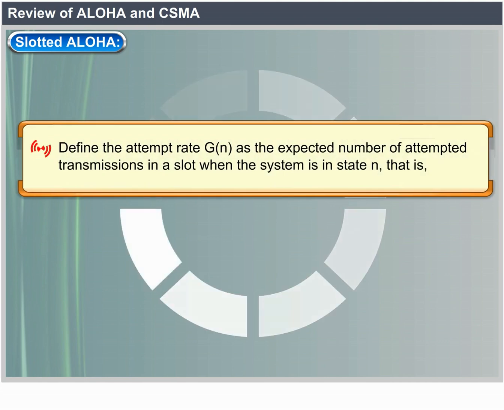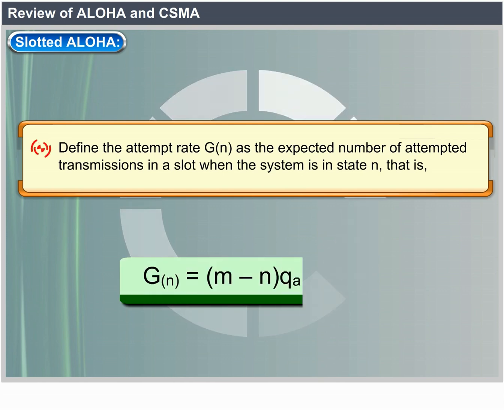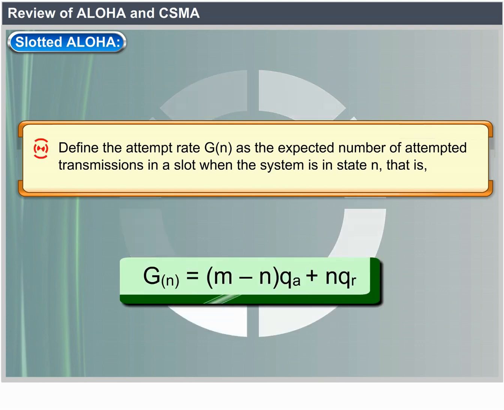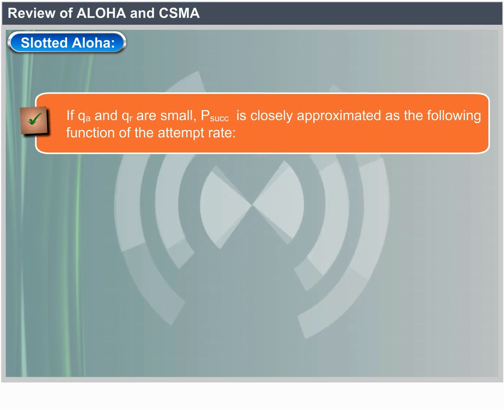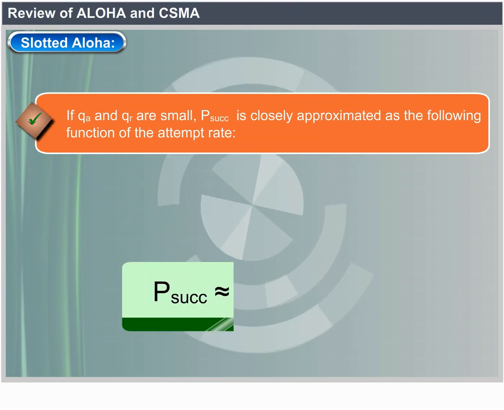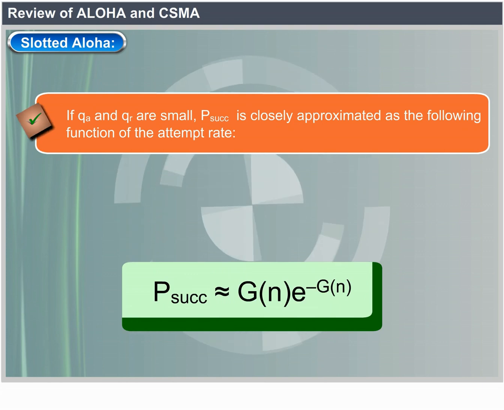Define the attempt rate G of n as the expected number of attempted transmissions in a slot when the system is in state n, that is, G of n is equal to (m minus n) QA plus n QR. If QA and QR are small, P success is closely approximated as the following function of the attempt rate: P success is approximately G of n times e power minus G of n.